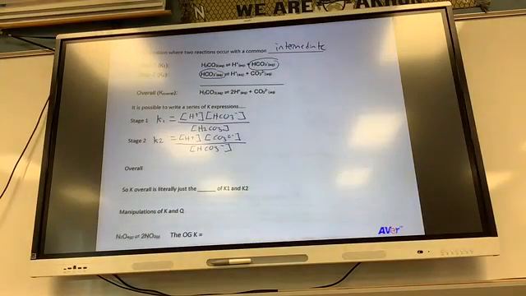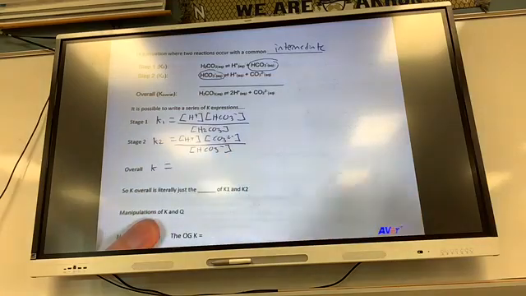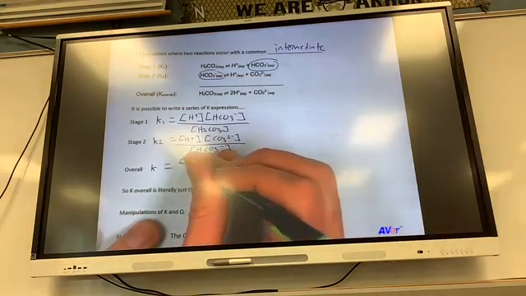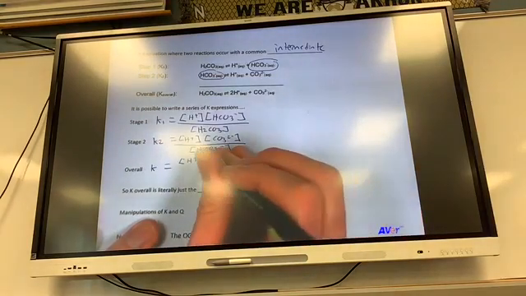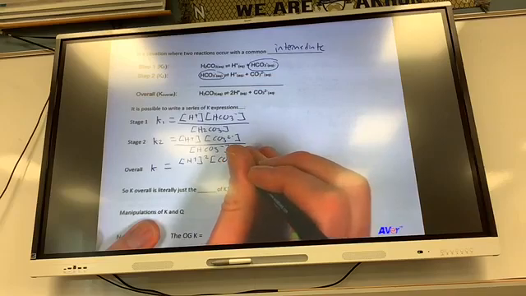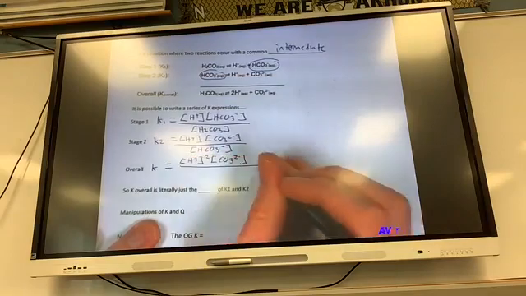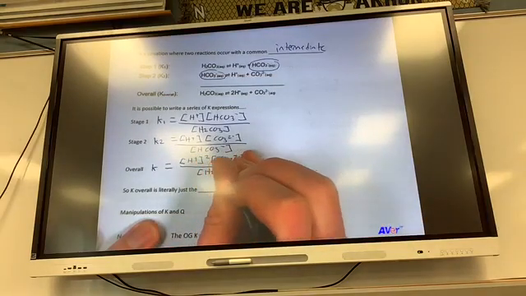And my overall K equals the concentration of H plus to the second times the concentration of CO3 2 minus over the concentration of H2CO3.